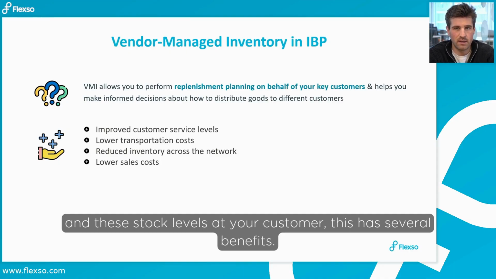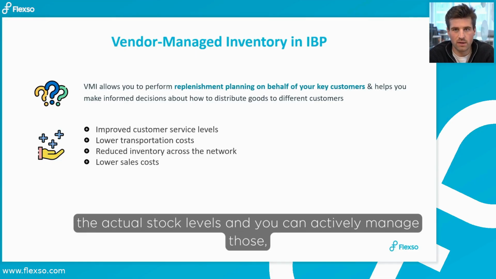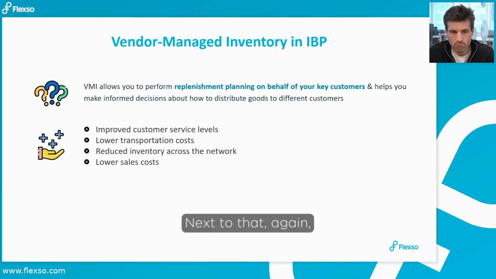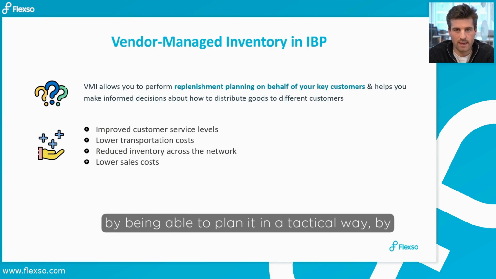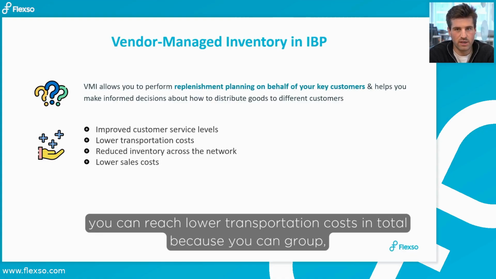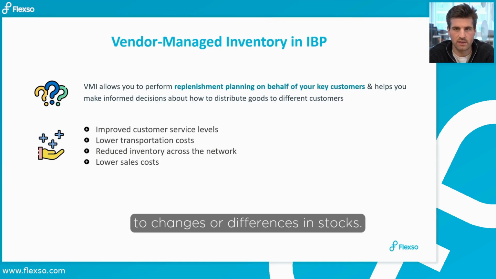Of course, when thinking about actively being able to plan these types of inventories and these stock levels at your customer, this has several benefits. First of all, if you have a clear idea on the actual stock levels and you can actively manage those, that will lead to improved customer service levels at your customer-facing locations. Next to that, by being able to plan it in a tactical way, by being able to make more informed decisions about these transports, you can reach lower transportation costs in total because you can group, for example, transports instead of always reactively having to react to changes or differences in stocks.